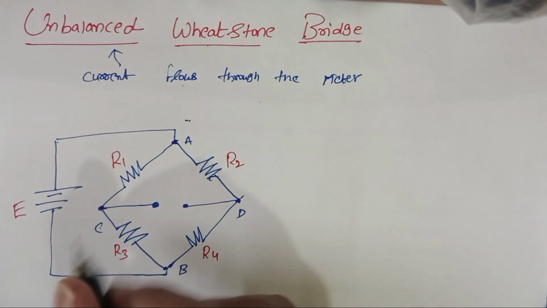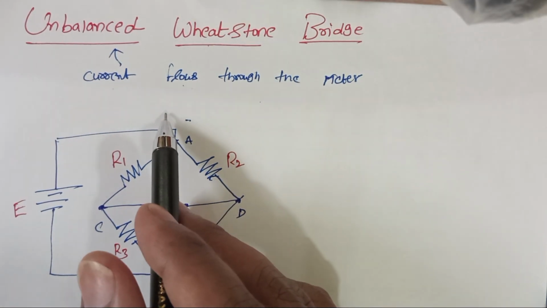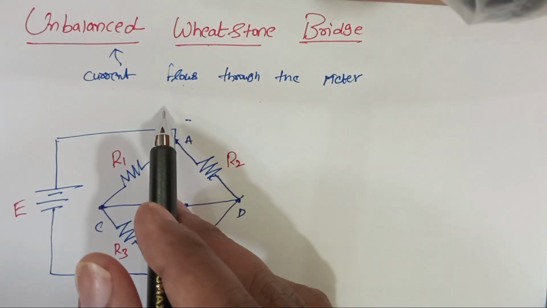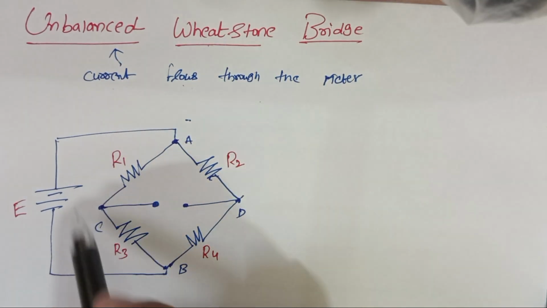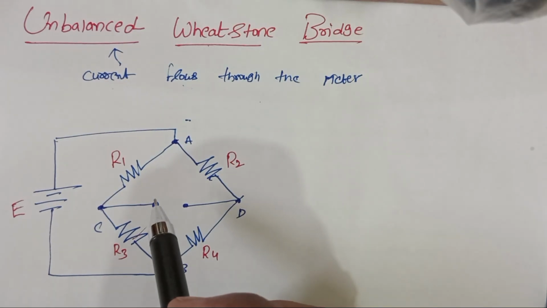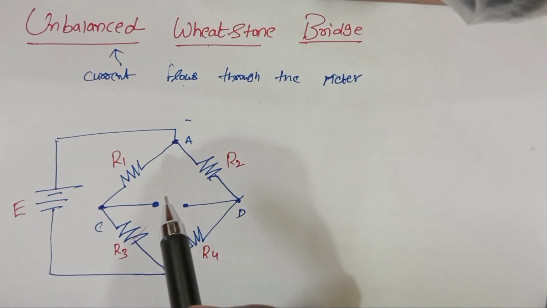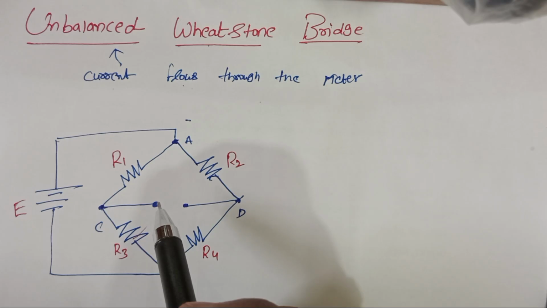To determine the current flowing through the galvanometer, we have to convert this circuit into Thevenin's equivalent representation. For that, we have to find Thevenin's equivalent voltage and Thevenin's equivalent resistance.